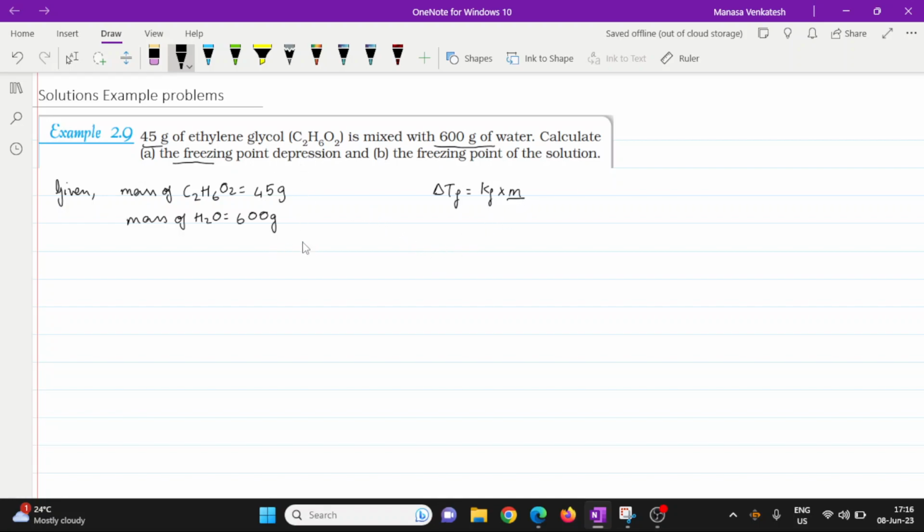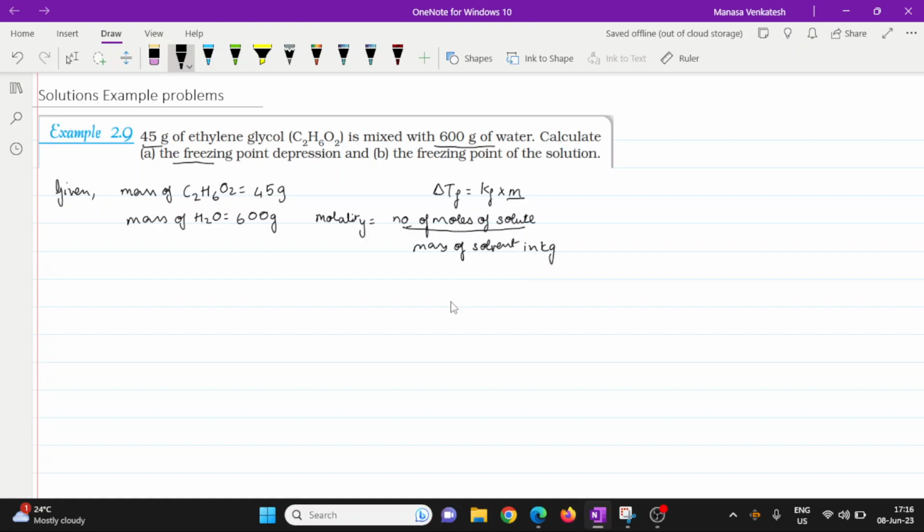The molality of the solution is equal to, oh sorry, actually not mass, I am so sorry, the number of moles of the solute divided by the mass of solvent in kilograms, right? So that is the calculation.